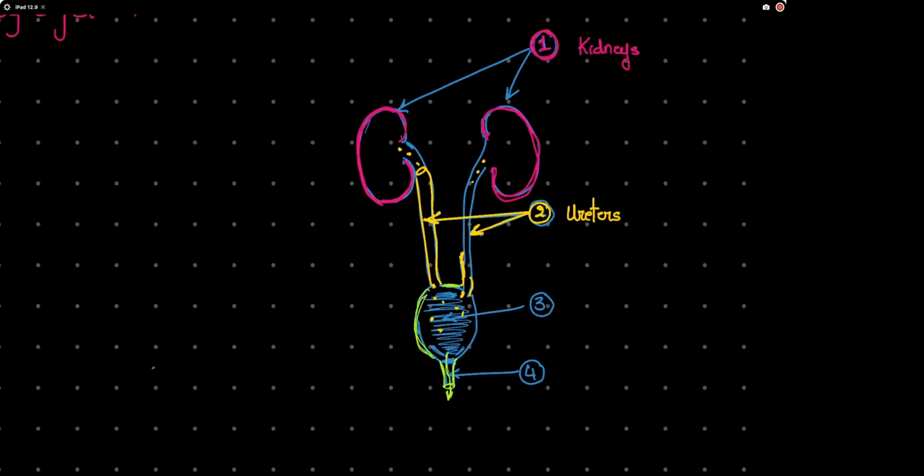And what do we call this muscular sac located in the pelvic cavity that stores the urine until it gets filled and then squeezes out this urine? Exactly, this is my urinary bladder.